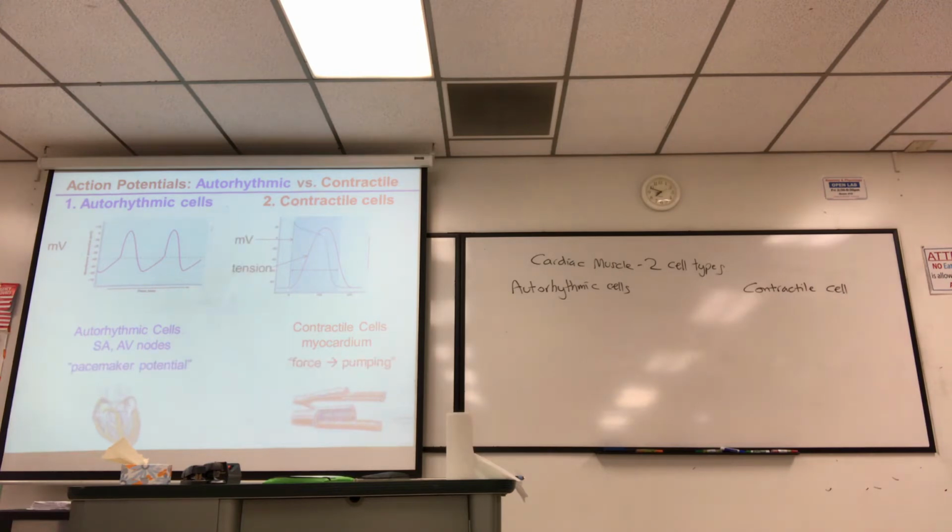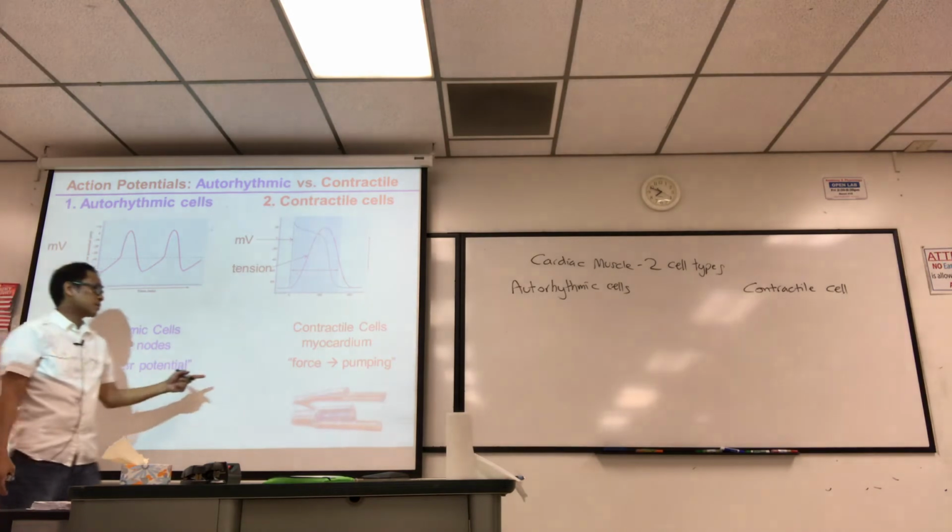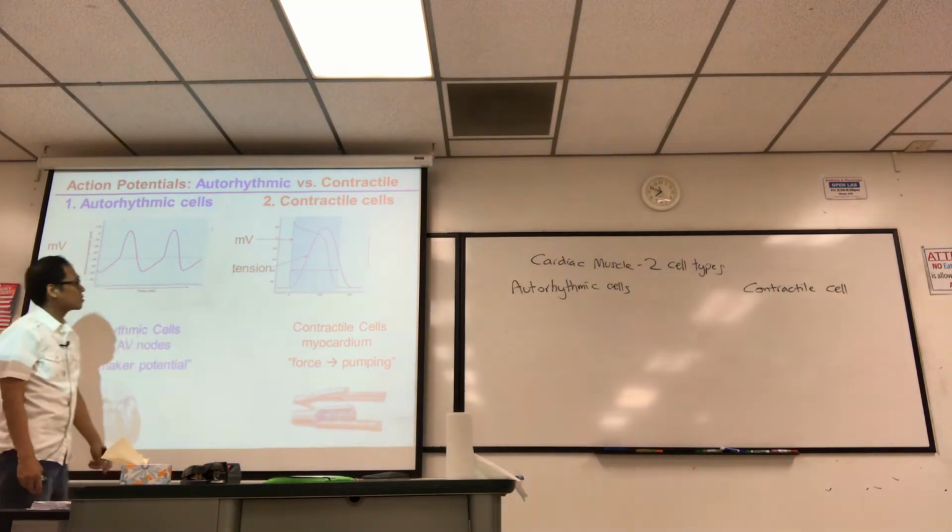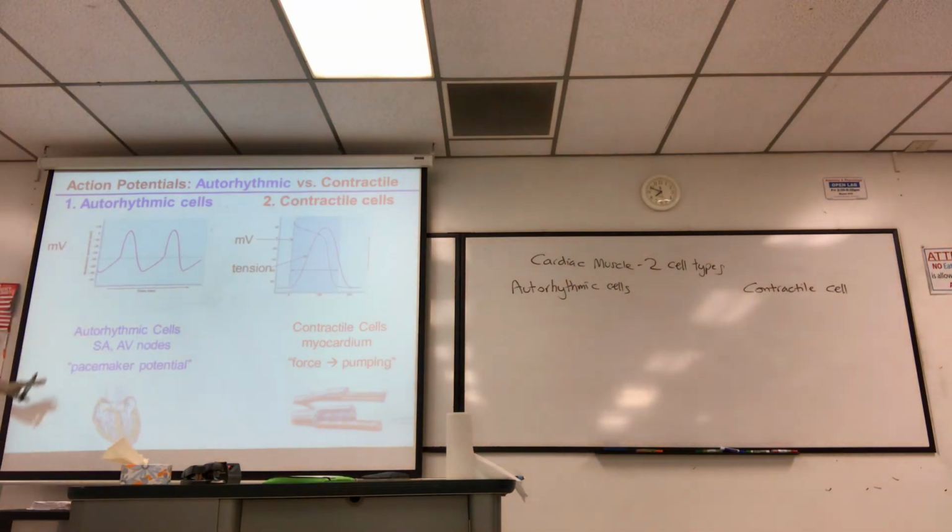What's important is these cells have the pacemaker potential to establish your heart rate, we mentioned that. These cells are the pumping, right, during systole. So they both have their roles. They both need each other. You need the autorhythmic cells to spread the signal throughout the whole heart so that the heart will pump.